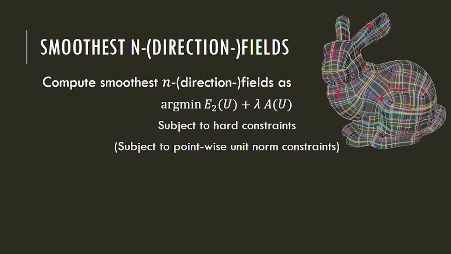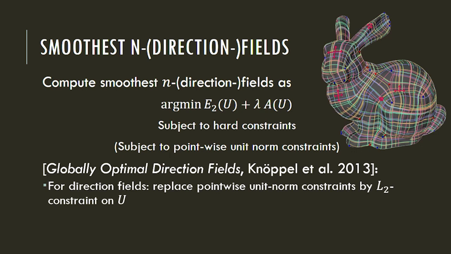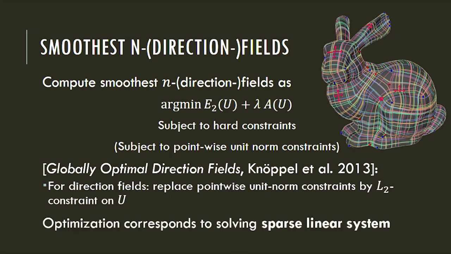However, these pointwise unit norm constraints are ill-defined, as has been noticed in the past by Knöppel and others, but they propose a very nice solution for this, which allows a reformulation, which then can replace these pointwise unit norm constraints by an L2 constraint on the field itself, so by a single constraint. And then finally, this allows us to turn the optimization problem here into a sparse linear system, which we can solve efficiently.